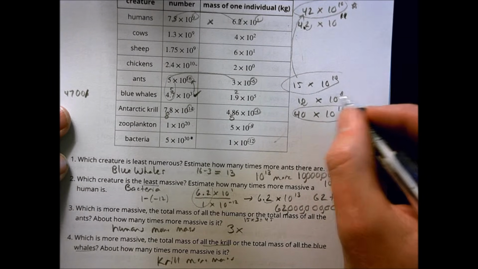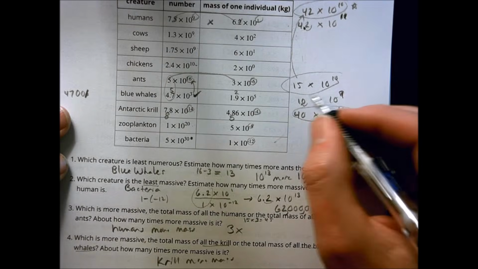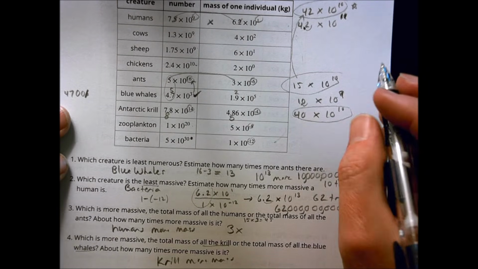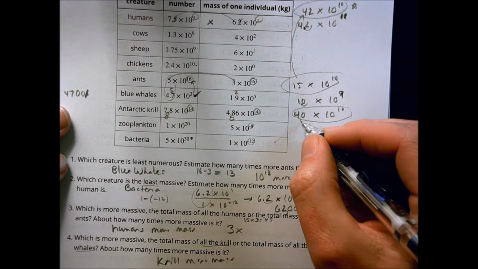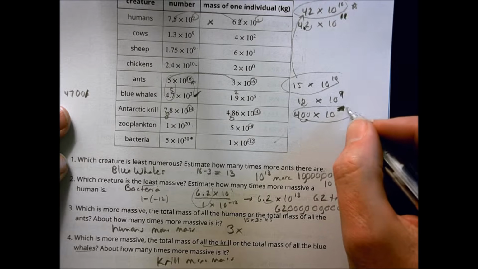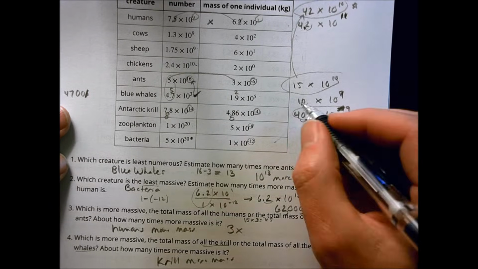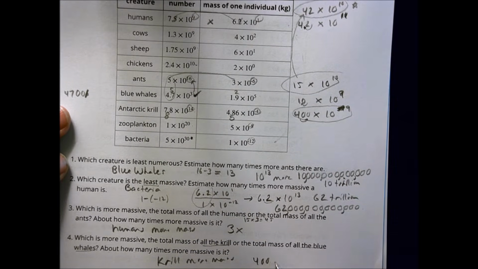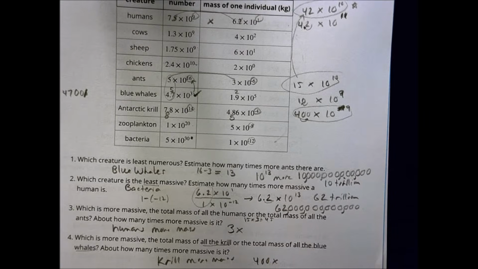So I have 1.0 times 10 to the 9, right? So that's 1. And if I move this one to the right one to make it 400, that probably becomes a 9. So how much more is it? It's about 400 times as much. Okay, so lots of work there.